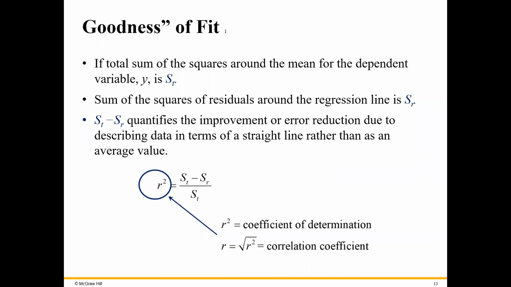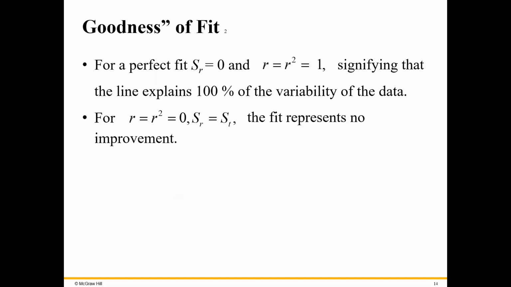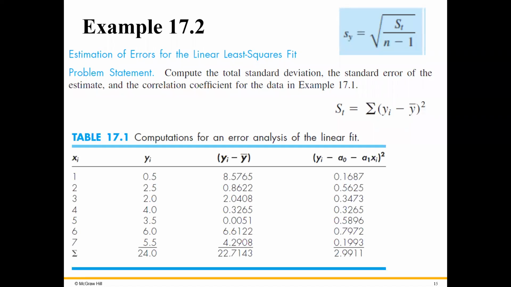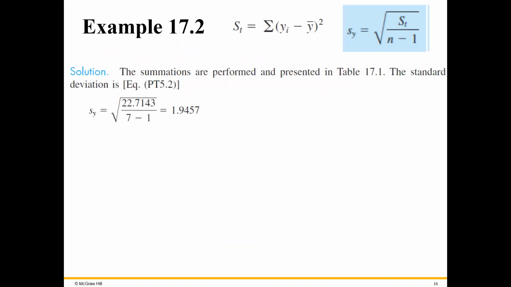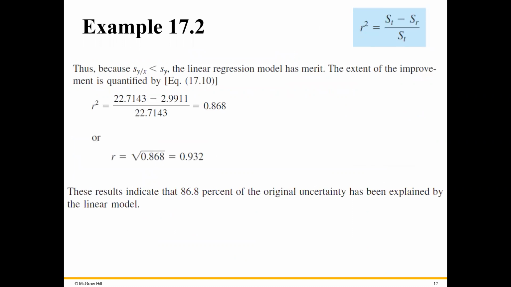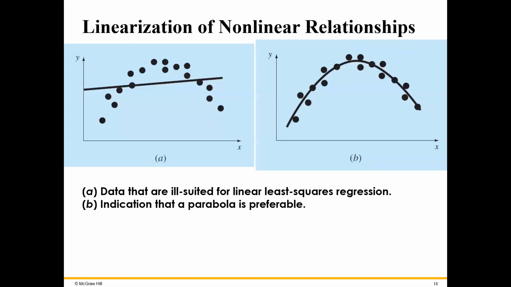So the closer this value is to 1, the better the results. So we did that example for the goodness of fit, estimation of errors for the least squares fit. So this we covered in the last one.